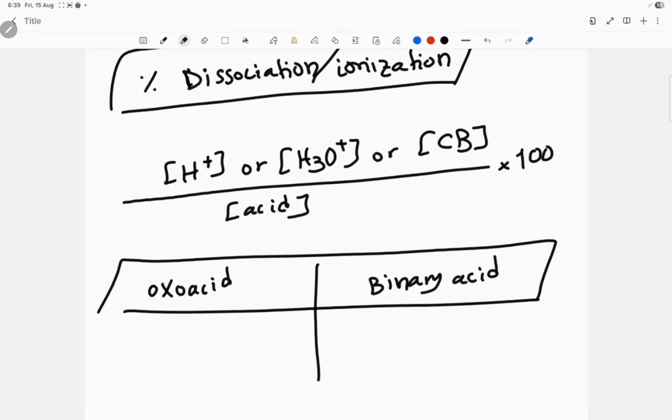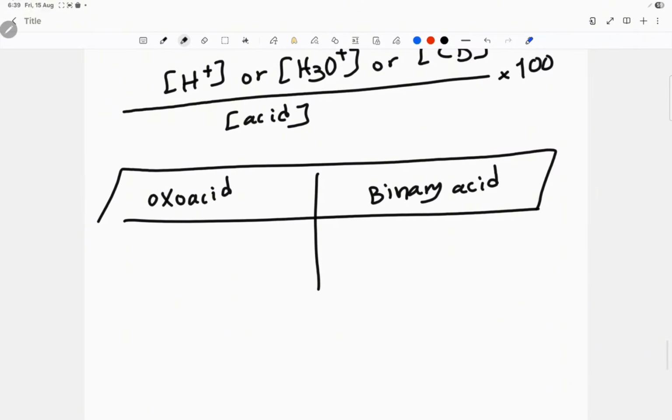It has two elements, H and a halogen. So it could be HF, HCl. It has a hydrogen and a halogen, which is group 17. While the oxoacid will have hydrogen, oxygen, halogen.